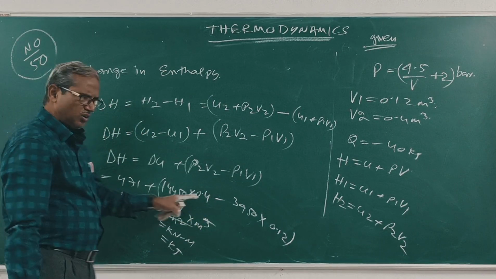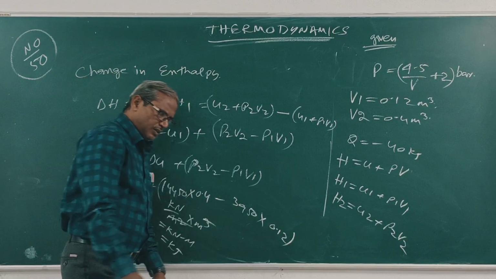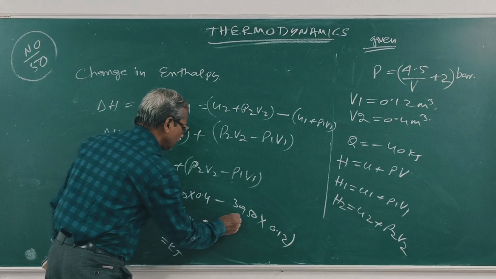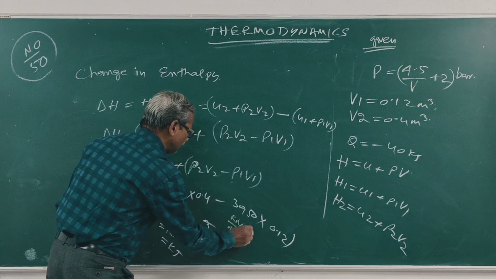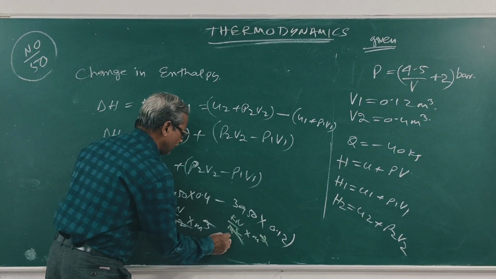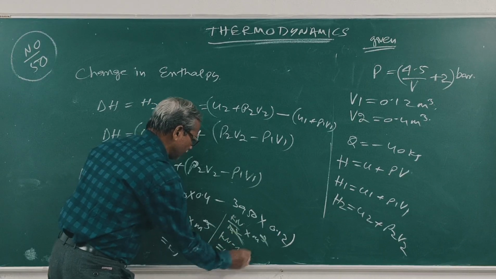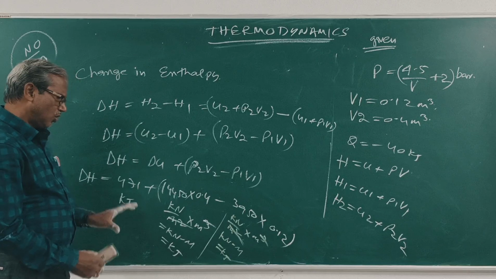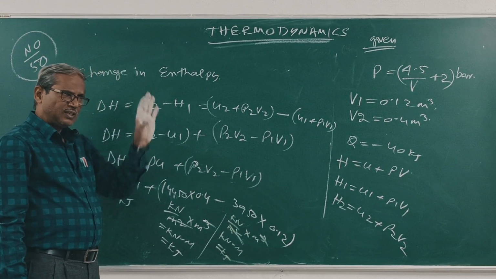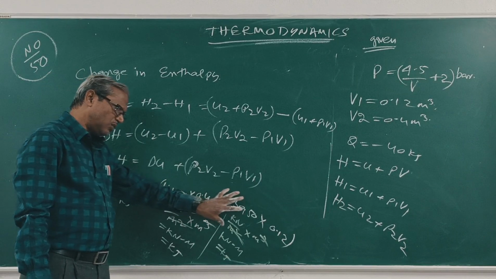The other quantity is also kilonewton per meter square into meter cube, kilonewton meter, kilojoule. All three are kilojoule. For adding or subtracting, the unit must be the same.